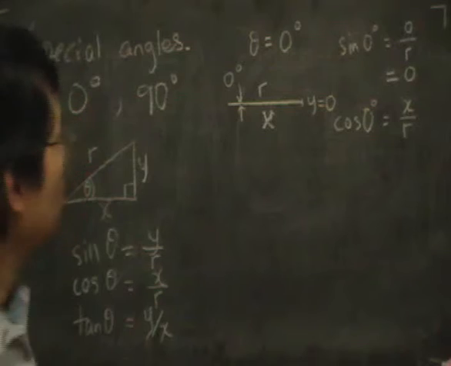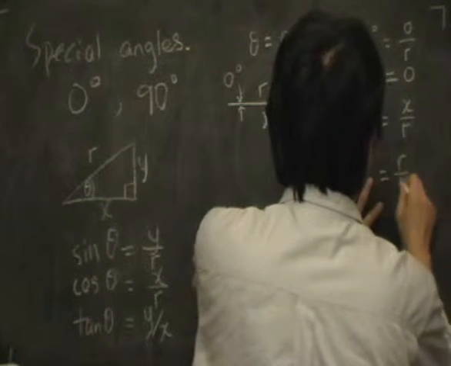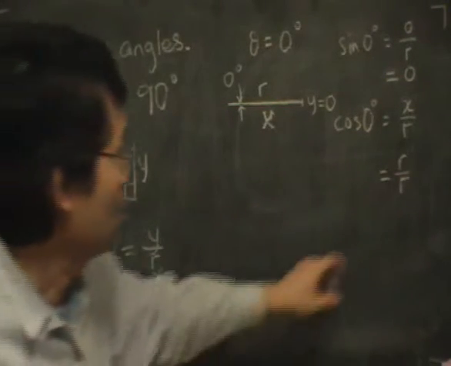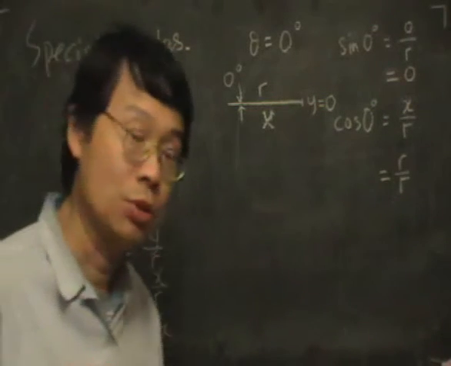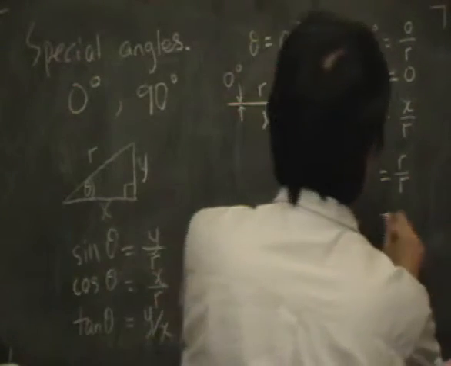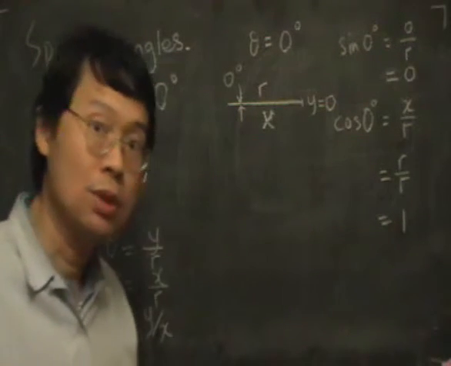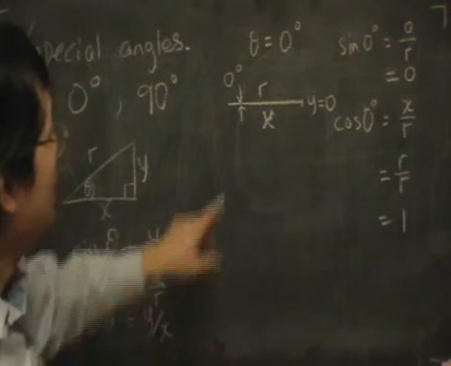They are equal. So the x is really the same as r. So we just have r over r. Number divided by same number. The answer should be 1. So cosine 0 degrees is 1. Okay, and we've got that quite easily.